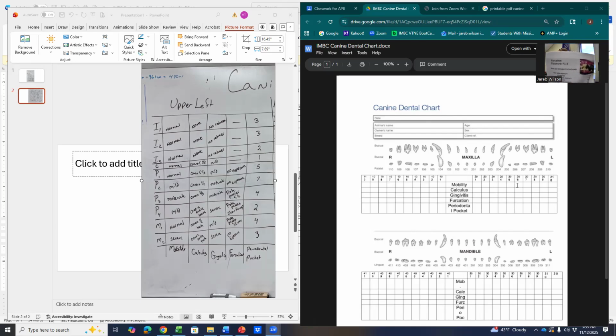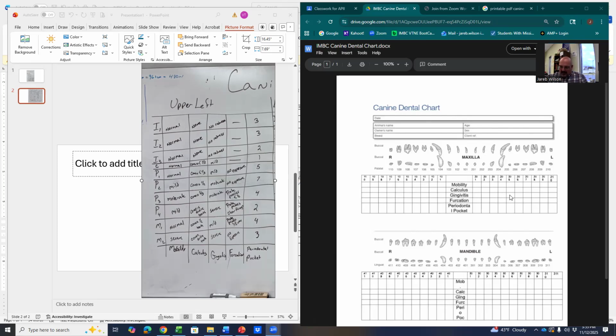For the furcation, this is where the roots divide. Incisors, canines, that first premolar, and I screwed that up on there, have a single root, so there will be no furcation there. Okay, so that one should be left blank, or an X through it for those first few teeth.